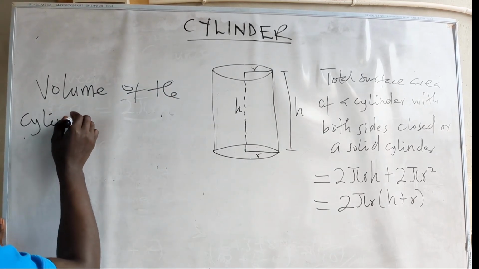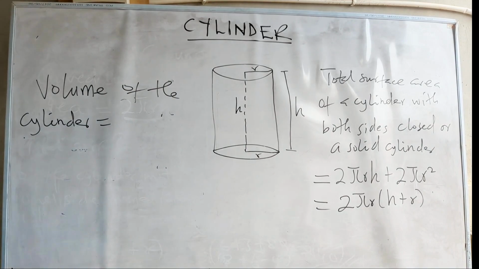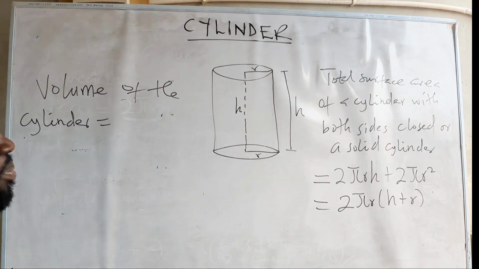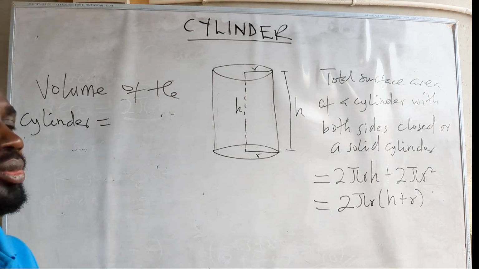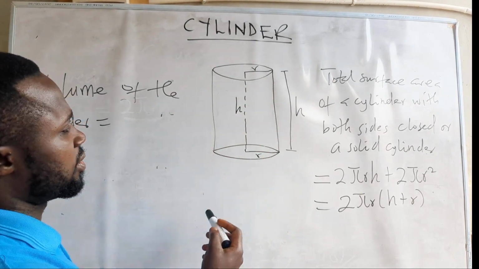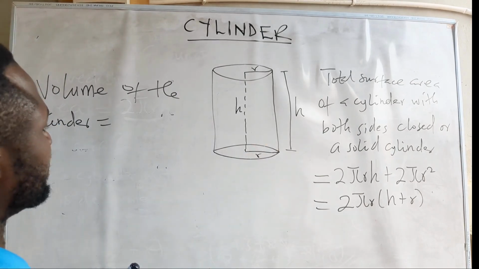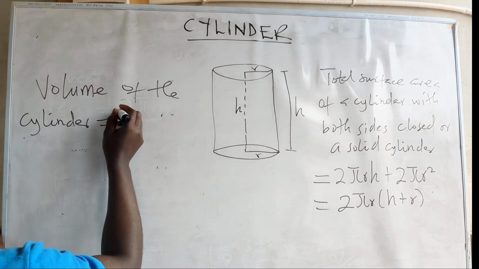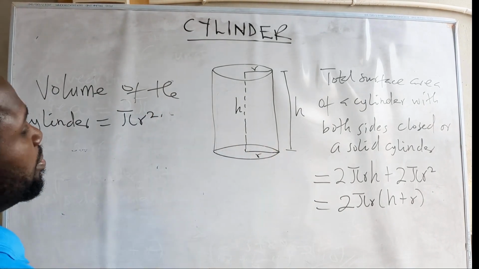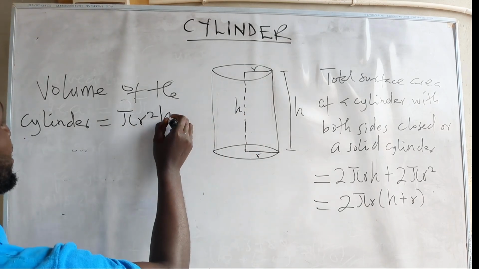And we have said that for a three-dimensional figure, the volume is the base area multiplied by the height. Okay, so what is the base area of a cylinder? The cylinder has a circular base, so that is pi r squared. That is the area of the base multiplied by the height.